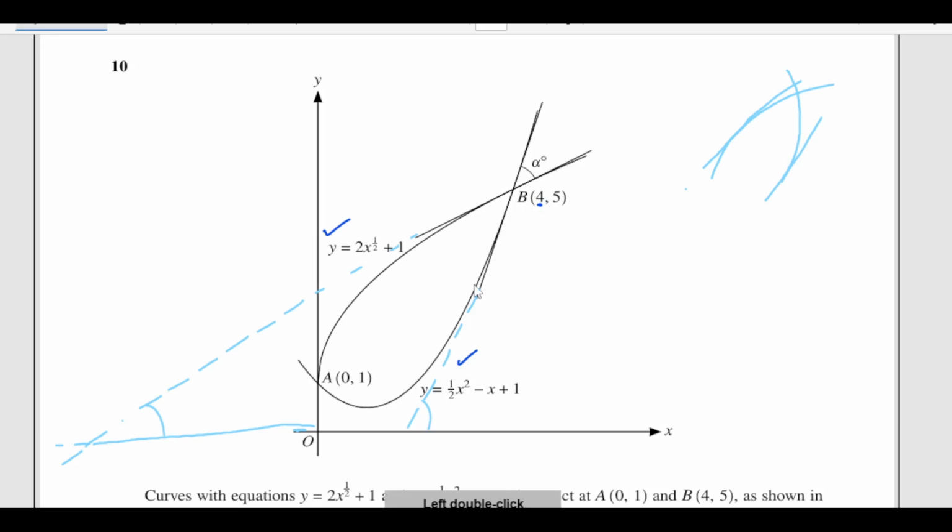But if we draw a line here parallel to the x-axis, we will get the same angle here with this. So this angle from here to here is going to be theta 2, and this angle here, as you see, is theta 1, right? So our alpha here is basically theta 2 minus theta 1, right? That's what we need to find out.